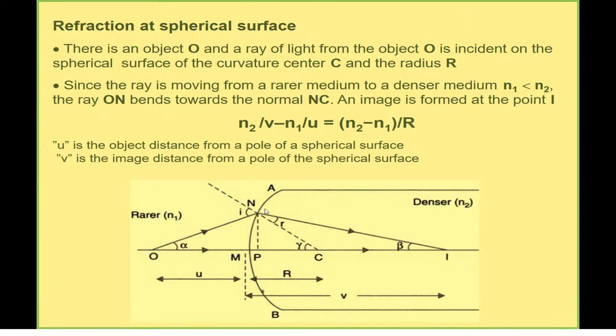You can see this curved, spherical surface, and the radius of this curvature of this spherical surface is marked here by the symbol R.